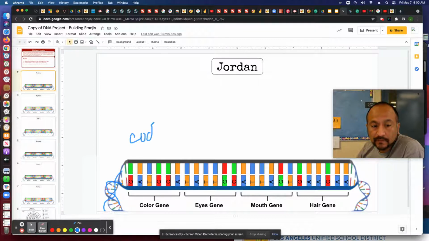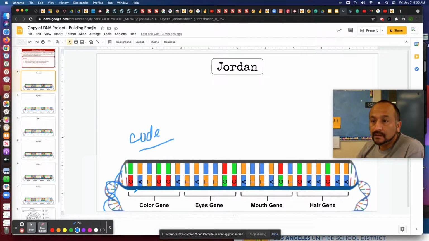It's a code. And we're going to match it up and decode Jordan's DNA sequence and figure out which protein molecules to build.